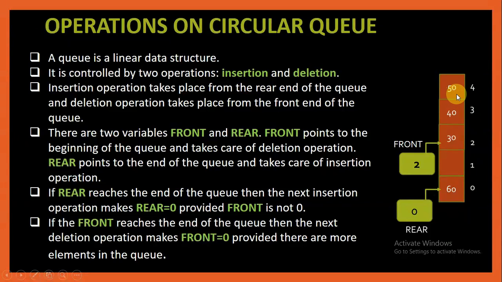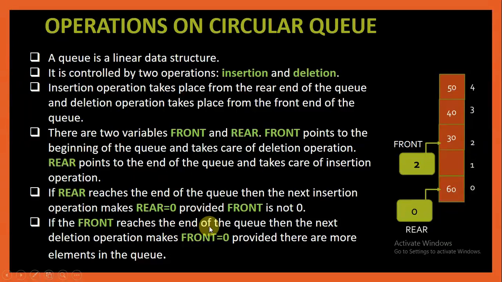After inserting 50, when the rear reaches the maximum element which can be inserted in the queue, as the first 2 elements in the beginning of the queue were empty, I could insert 60 also at position 0. So after reaching here, I can make my rear equal to 0 to make the next insertion possible.